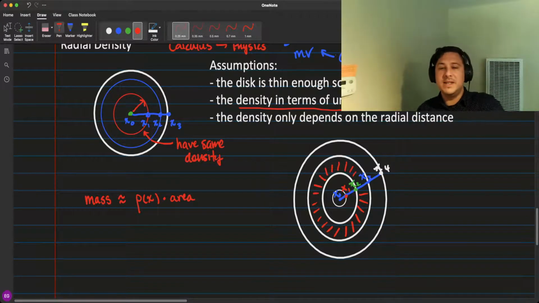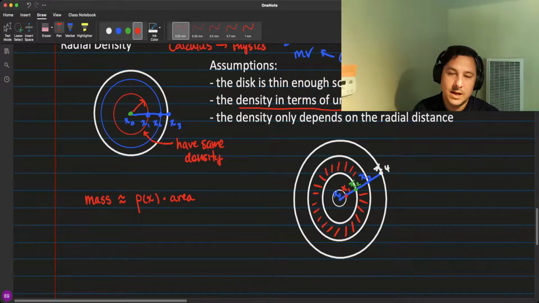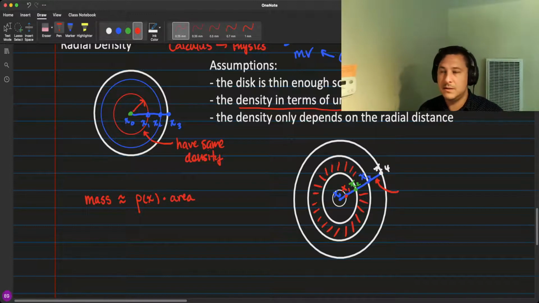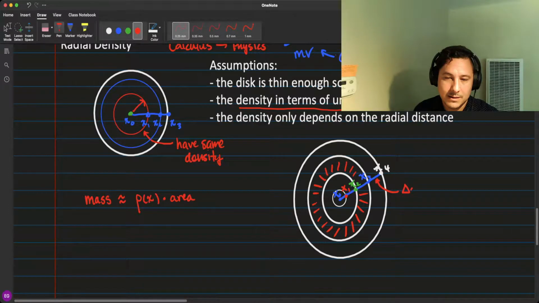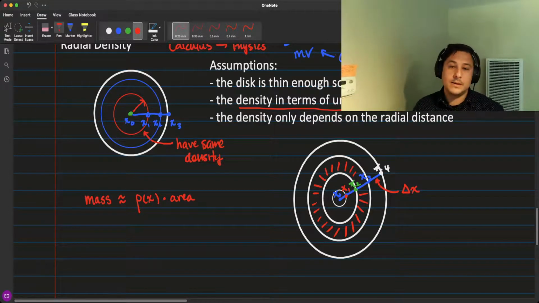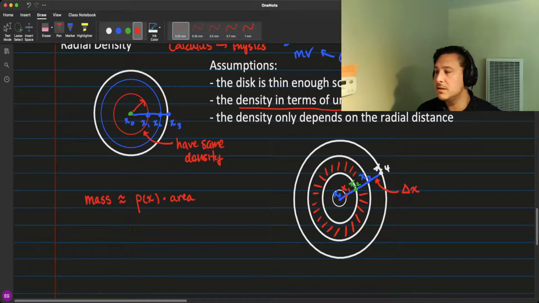Now, what do you know about the distance between each of these points, like between x3 and x4, x2 and x3? What do you know about that change in the radius? It's always delta x, right? Okay. And what do you know about the density in the section between x2 and x3? How does the density change?